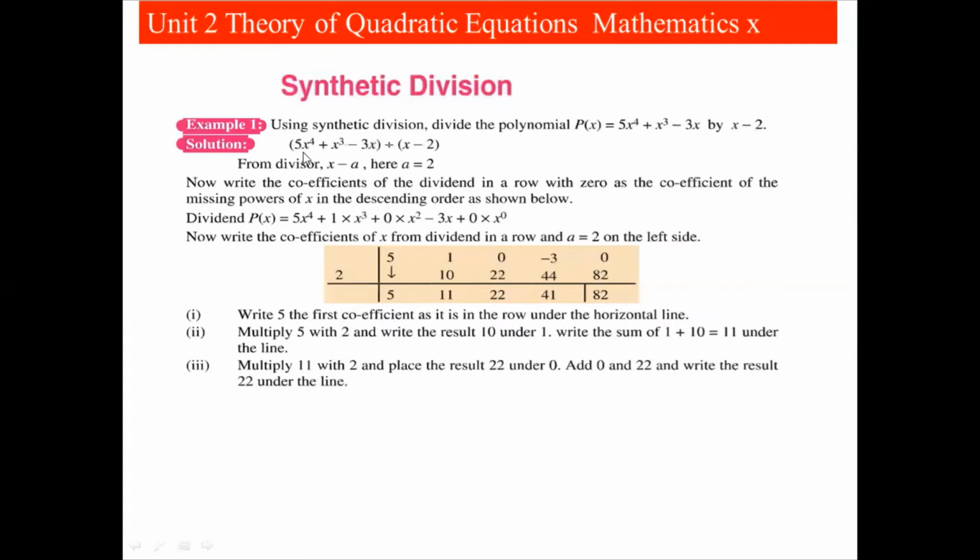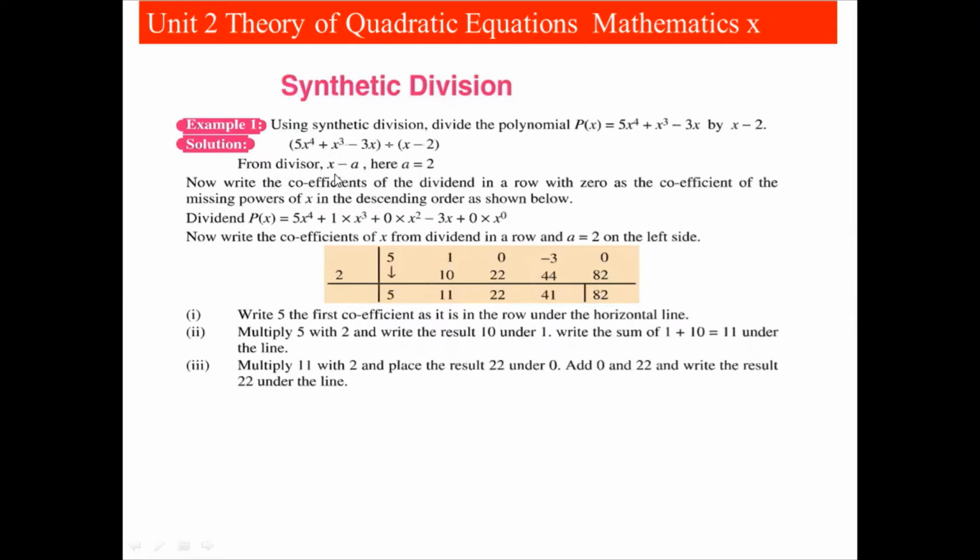It means 5x^4 plus x^3 minus 3x divided by x minus 2. So this is the dividend and x minus 2 is the divisor. From the divisor x minus a, here is 2. When we compare x minus 2 with x minus a, we have a equal to 2.